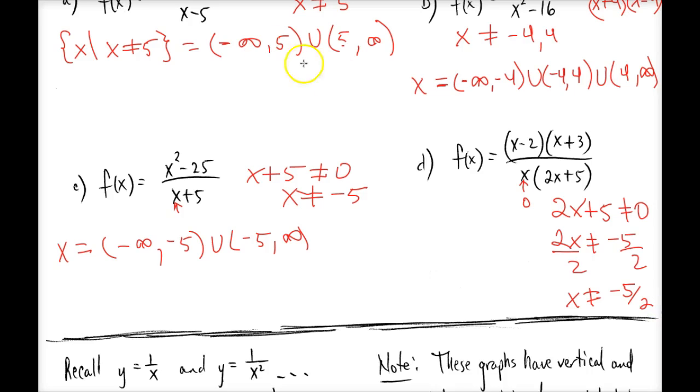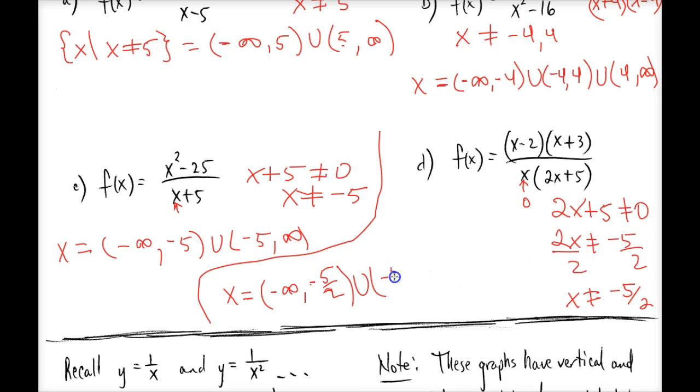So for this very last one here, we see that the domain is going to be all x values except for -5/2 and 0. Okay? So we'll start off with -5/2, go to 0, and then from 0 to infinity. So that's what our domain would be.